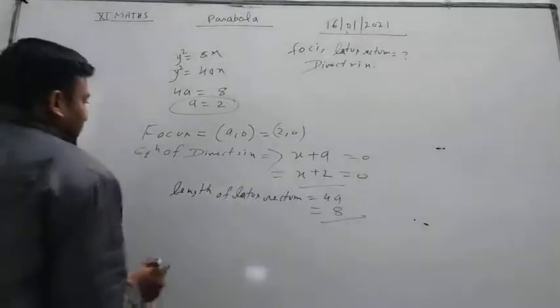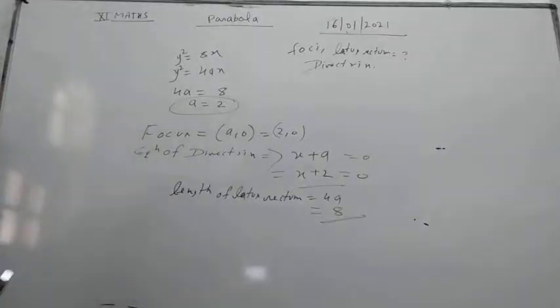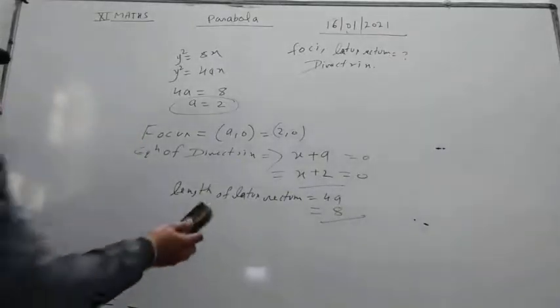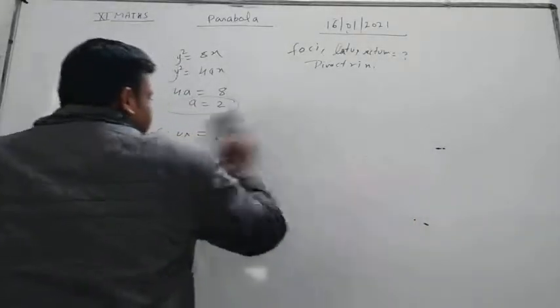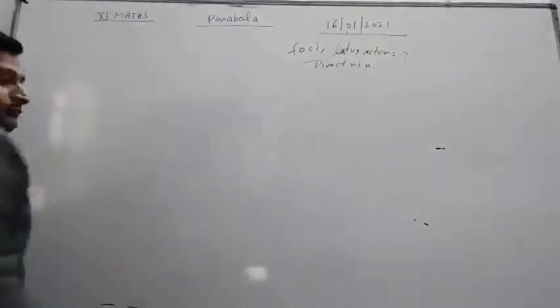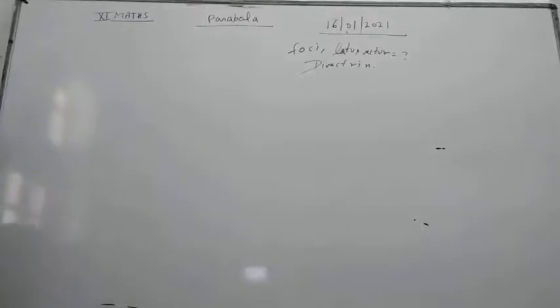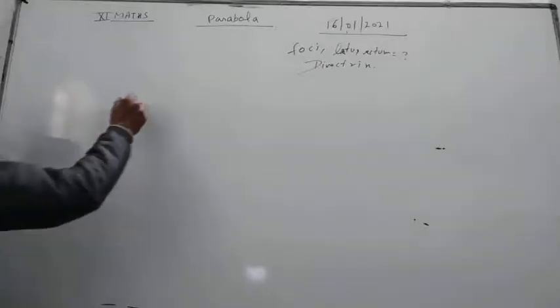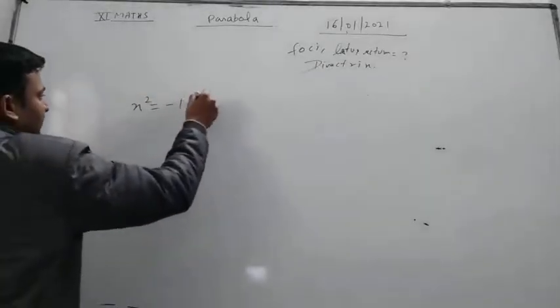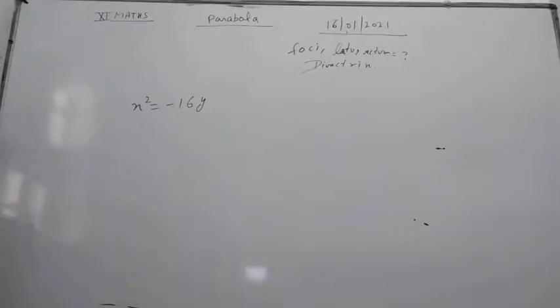Suppose that we are taking x square is equal to minus 16y. Okay, student, our x square is equal to minus 16y.